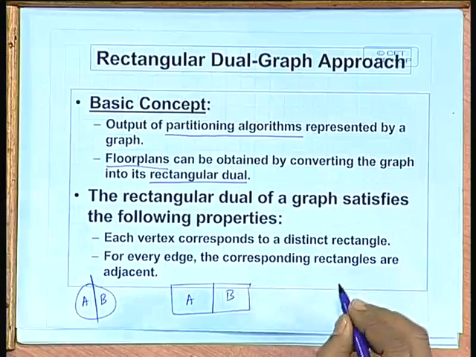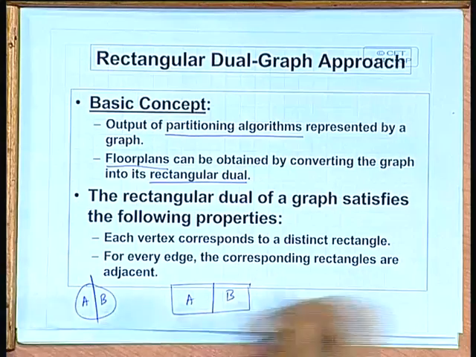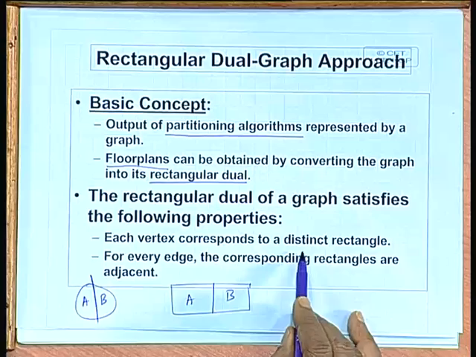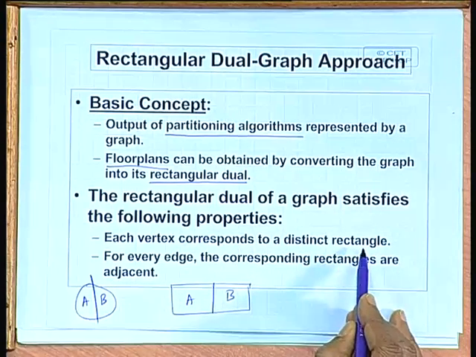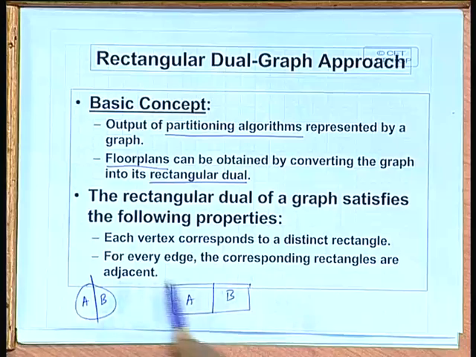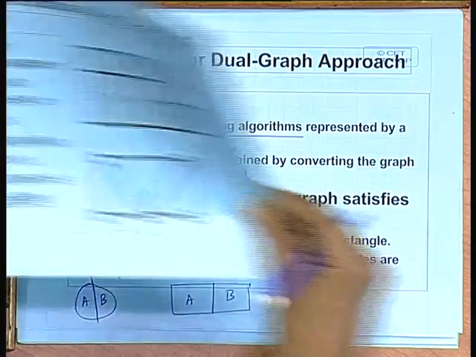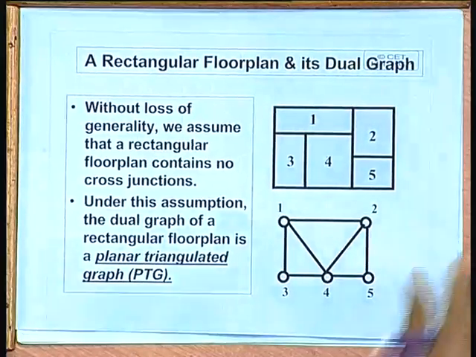So, I am just showing an example to illustrate this point, where each vertex in this graph will correspond to a rectangle of the floor plan, and for two rectangles which are adjacent, the corresponding nodes will be connected by an edge. Okay. So, let us see an example.